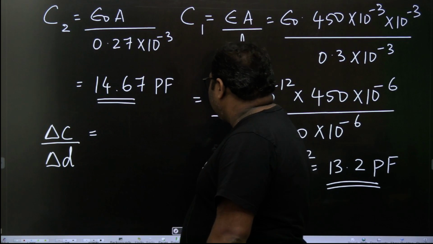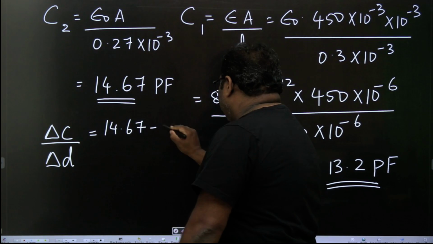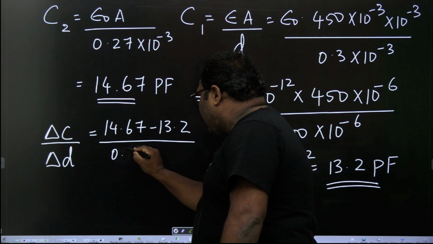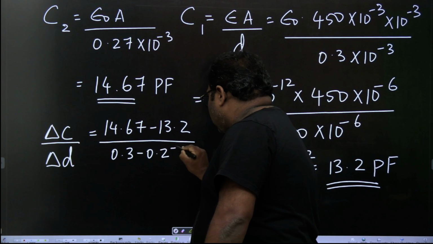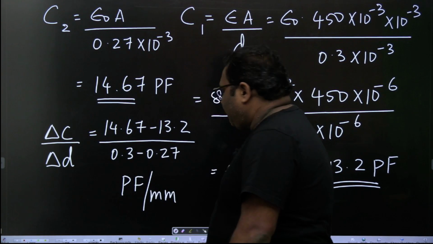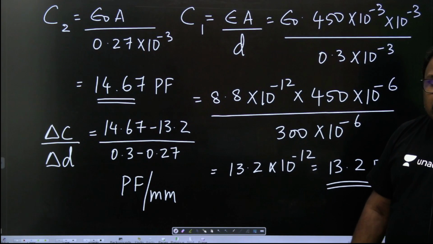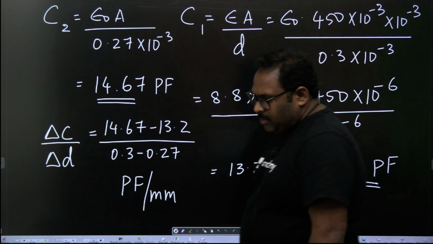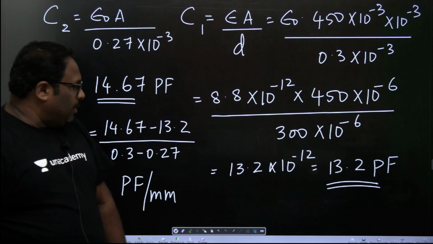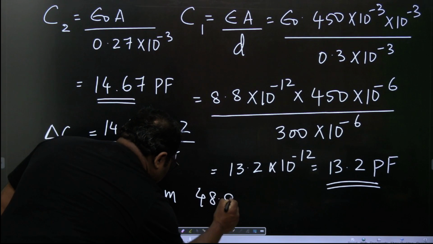So delta C is 14.67 minus 13.2, by the change in the displacement, 0.3 minus 0.27, in picofarads per millimeter. 48.9, 48.9 is approximately what I'm getting, picofarads per millimeter. 48.9 is what I'm approximately getting.